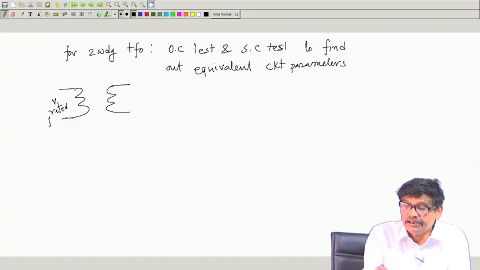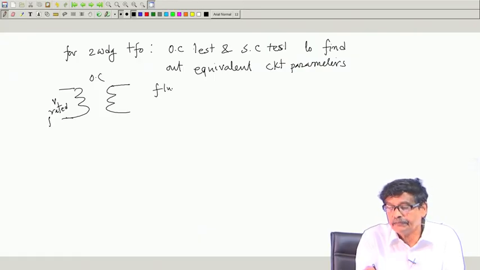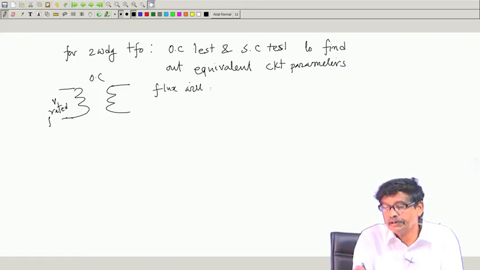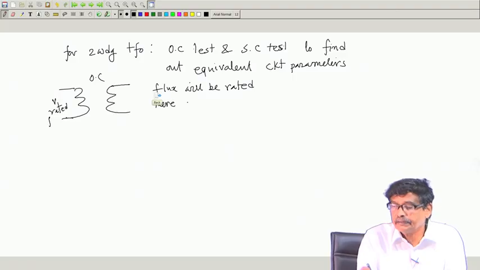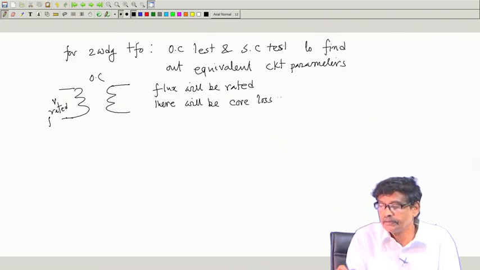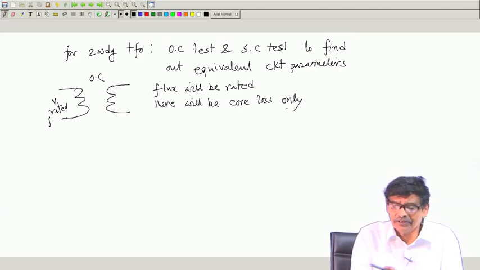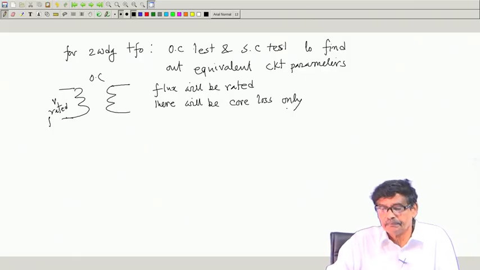So, for this open circuit test, flux will be rated, and there will be core loss only, because the copper loss is negligibly small, secondary winding is not carrying any current and primary current is only 2 to 5%. So, only core loss takes place during open circuit test.